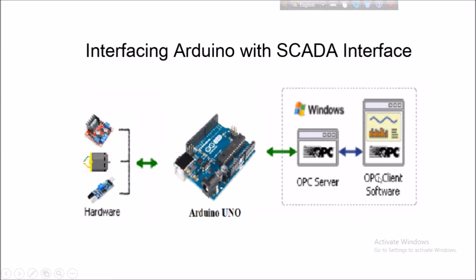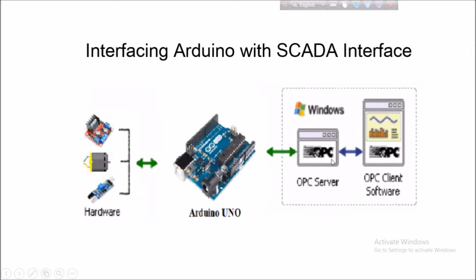So we have to select an Arduino OPC server, which is server software specially designed for the Arduino microcontroller. This server can read IO data from the Arduino UNO microcontroller in OPC format, which is a standard format, and provide this data to any OPC client software, in this case CX Supervisor software.